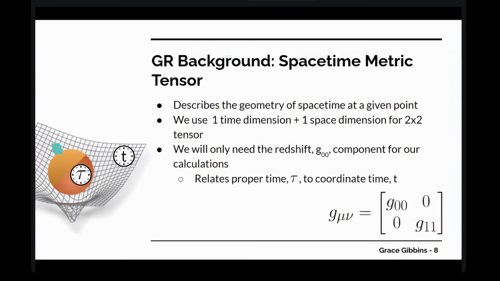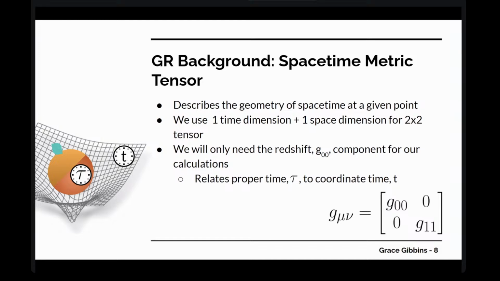Just a little bit of basic general relativity background. The object that describes the geometry of space-time in general relativity is the metric tensor. In our case, we're just using 1 plus 1 dimensions, so one spatial dimension and one time dimension.